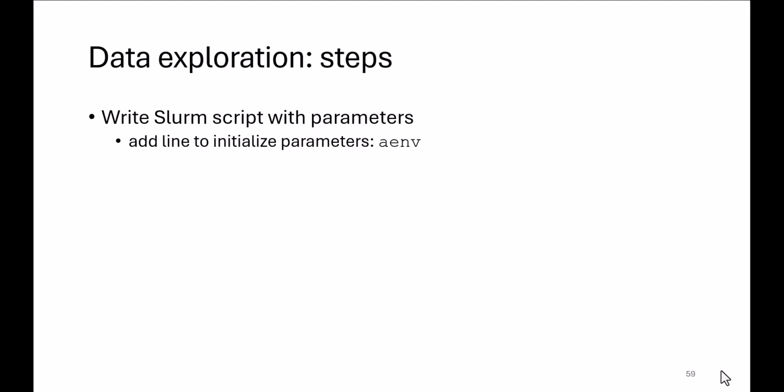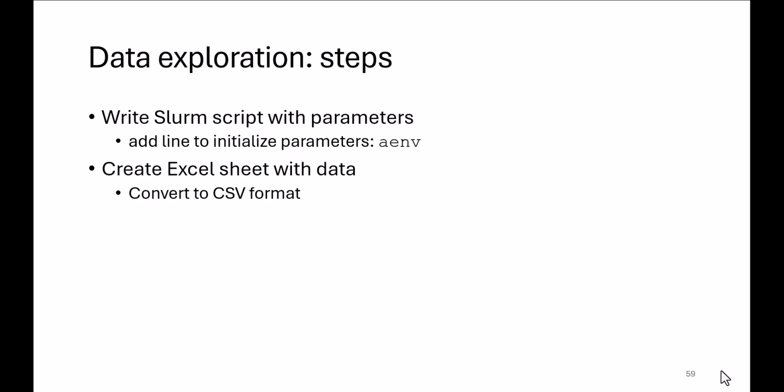So, in a data exploration scenario, what would be the steps? The first step is to write your Slurm script with parameters, so with these environment variables, and don't forget to load the module and add a line to initialize those parameters using env.